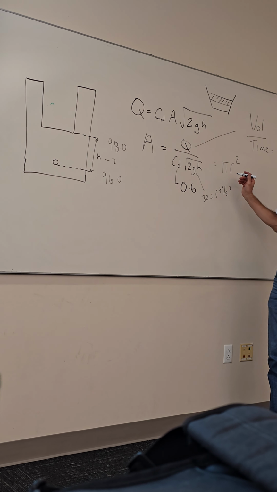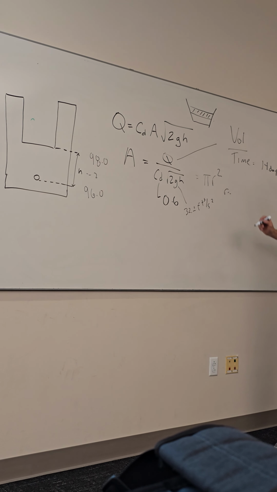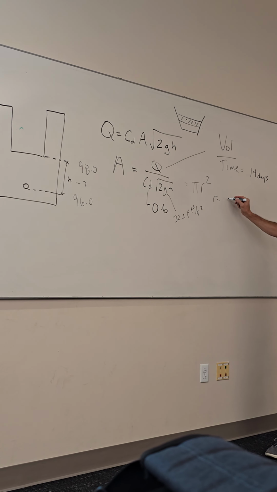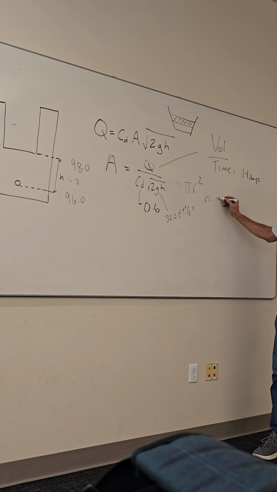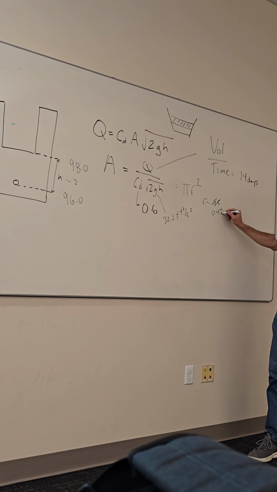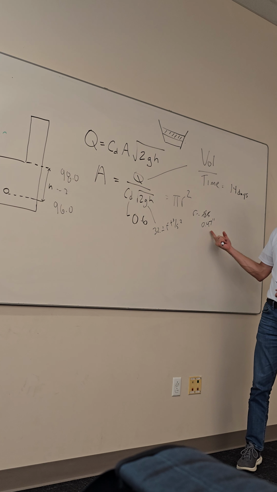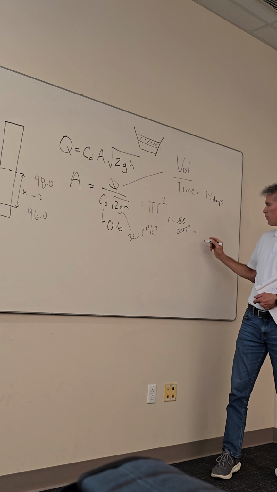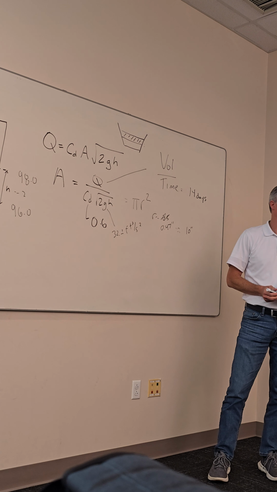So when you solve for this, you'll get a radius of something. Let's say you solve it and your radius is half an inch. Actually, let's say it's 0.47 inches. Okay, so that's a radius, so that would mean the whole orifice would be, in diameter, almost an inch, right?